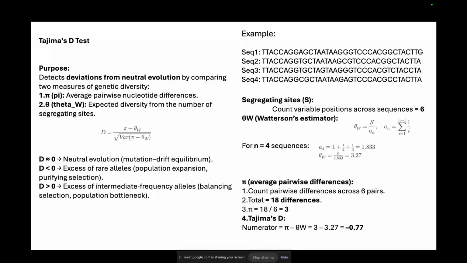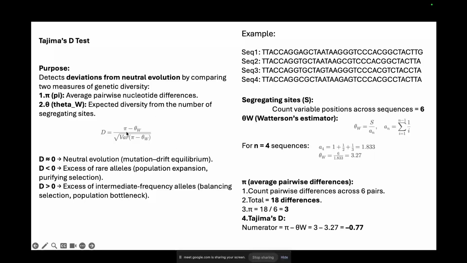One is pi, another is theta, or theta W. Pi tells you the average pairwise number of nucleotide differences between two individuals or two species. Theta would be the expected diversity from the number of segregating sites. So this is a simulation. It tells you, probabilistically, what the expected diversity is. So this is the formula.